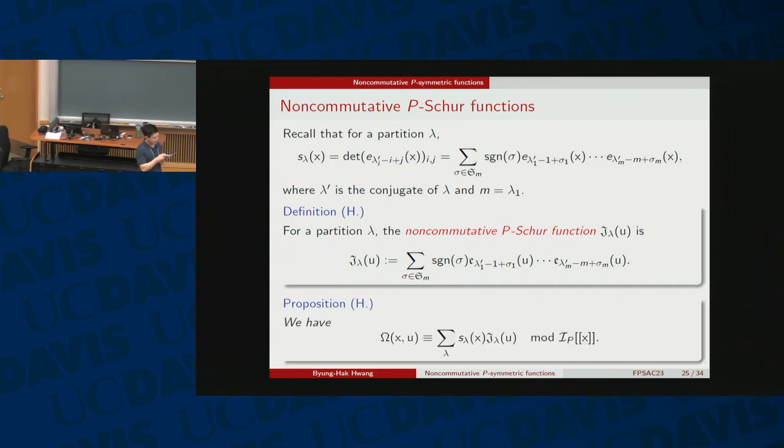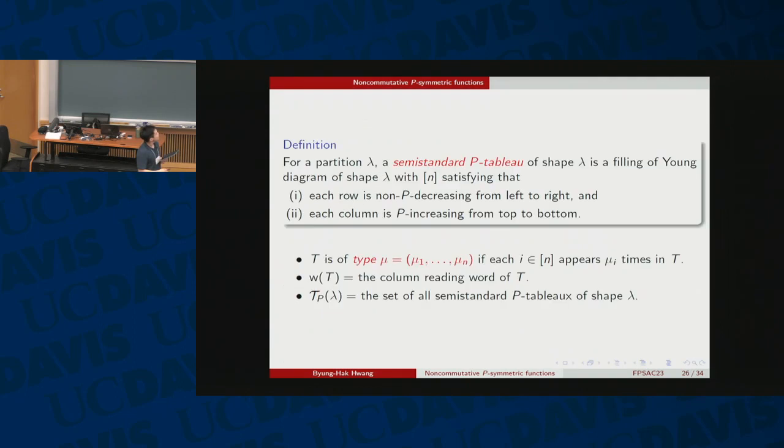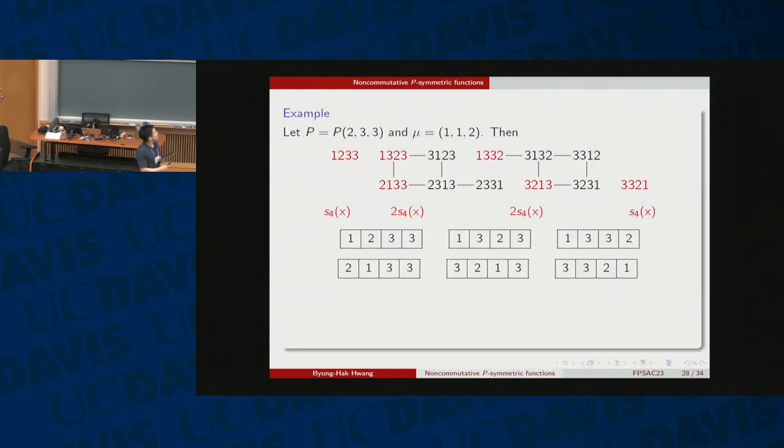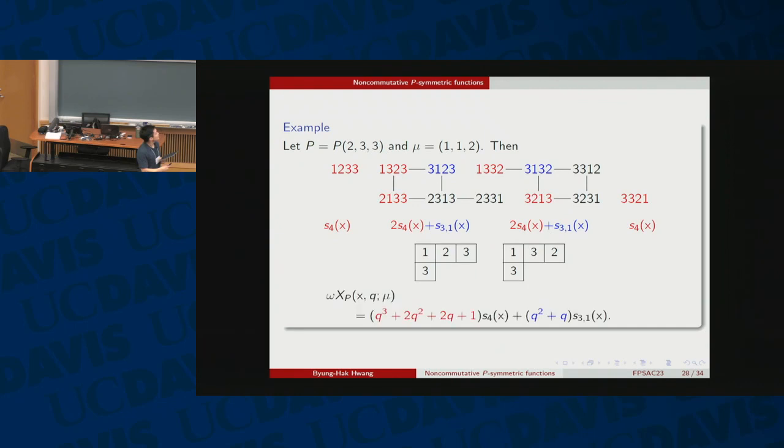But I do not have enough time to go into detail. We can write the noncommutative P Schur function as the summation of P tableaux, so we can find an expression like this very combinatorially.